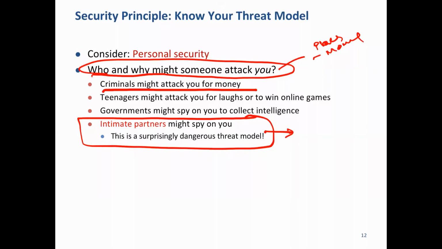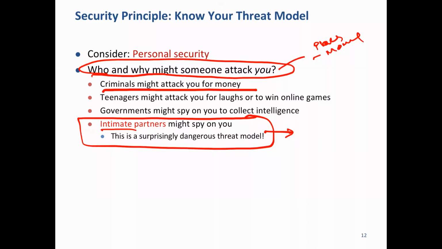When we say intimate, it means that the people are in some kind of relationship. Now, there is a lot of crime happening between intimate partners if they don't have trust.